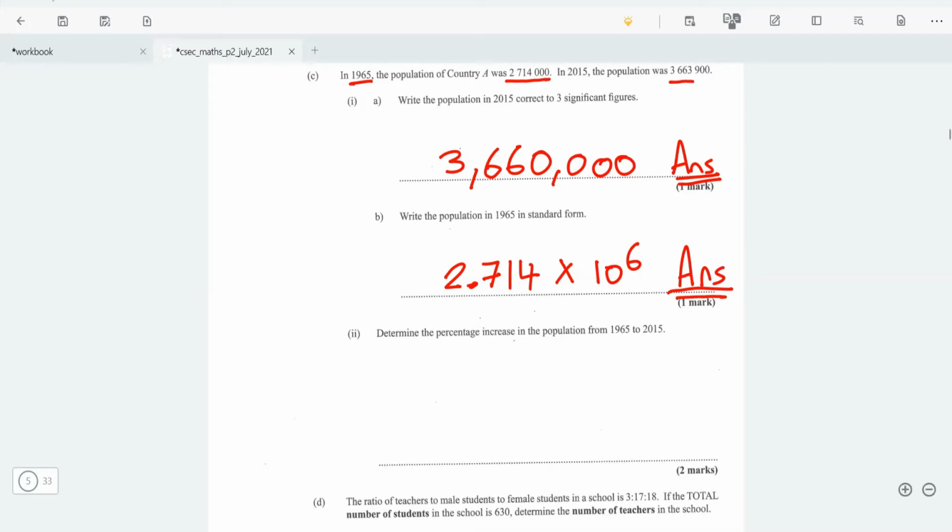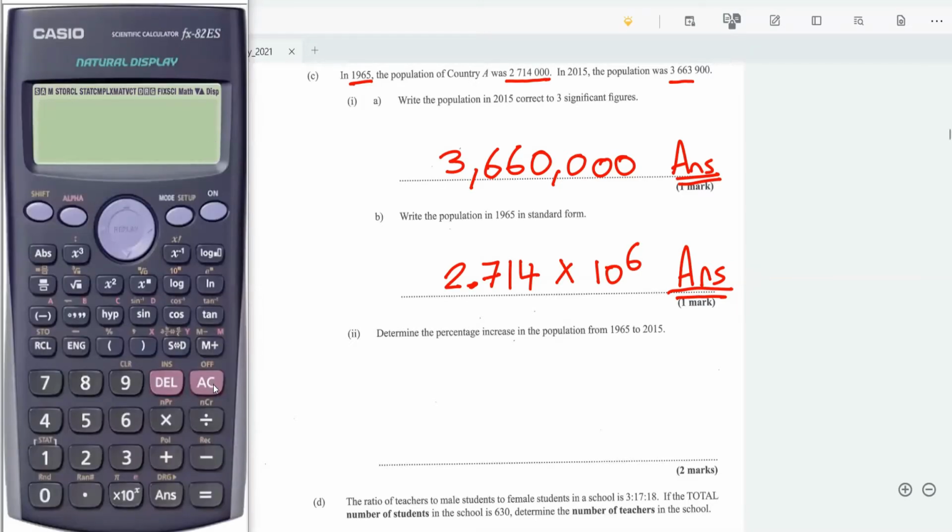Now, just to verify that it is indeed true, what you can do is take out your calculator just to check 2.714. You multiply it by 10 raised to the 6th power. You put it in the calculator and see if you get back this. Yes, we did. This is 2,714,000.